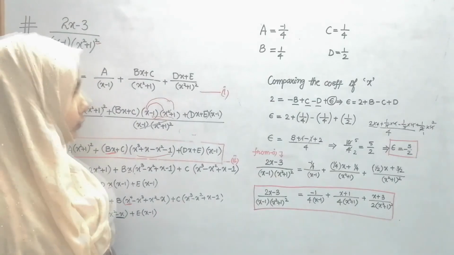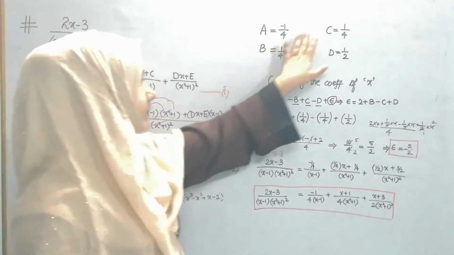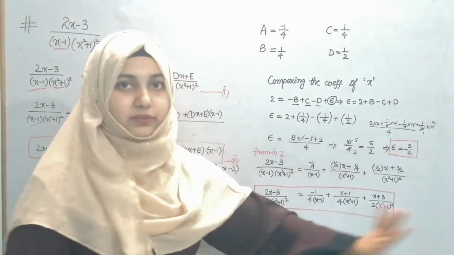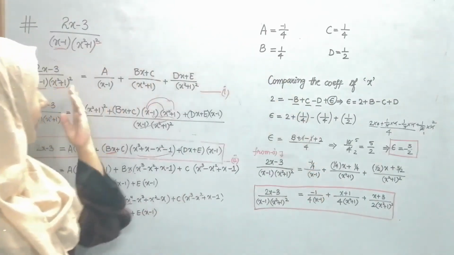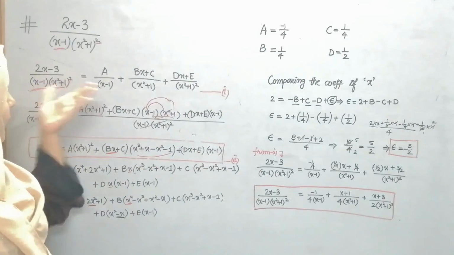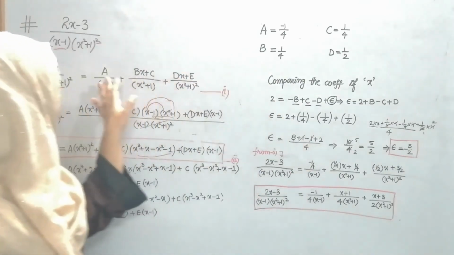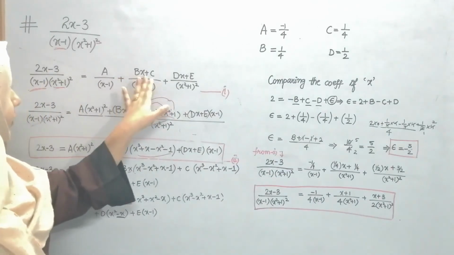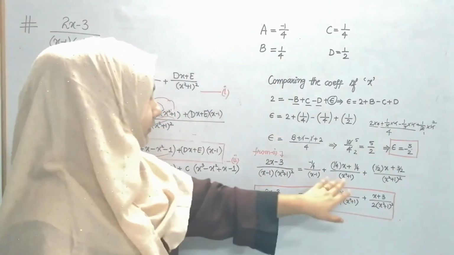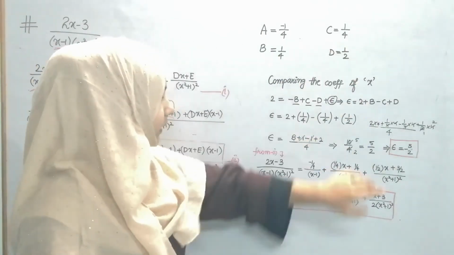Okay, so we got the values of A, B, C, D and E. Everything is done. The final step is to substitute all these values in equation 1. A is minus 1 by 4. Now B into x plus c: B is 1 by 4 into x plus c, which is 1 by 4.